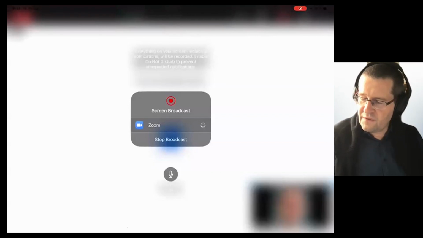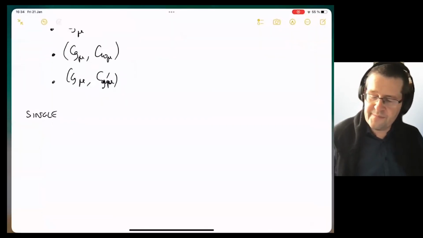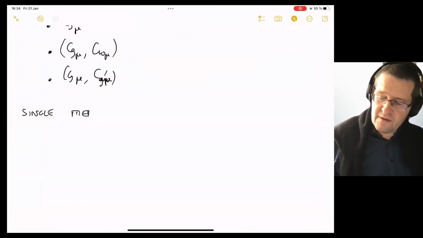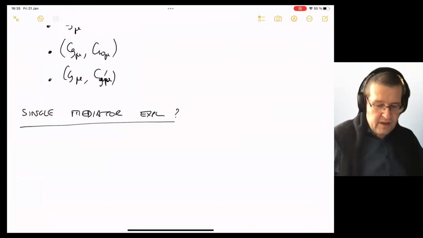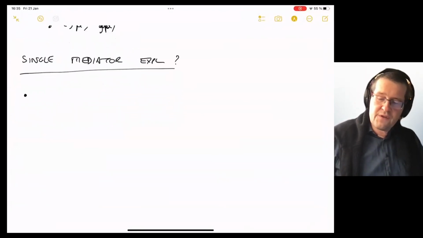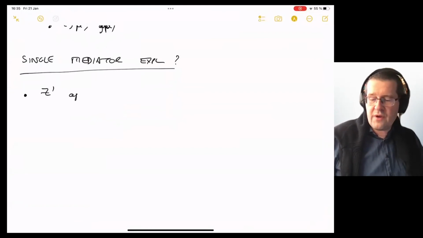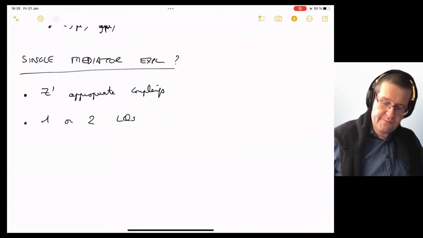You can ask yourself again, since you do have these contributions to the Wilson coefficient, do you have single mediator explanations for this? Actually, if you're just restricted to B2S LL, you do have two possibilities: Z prime with appropriate couplings, but also explanation with one or two leptoquarks.